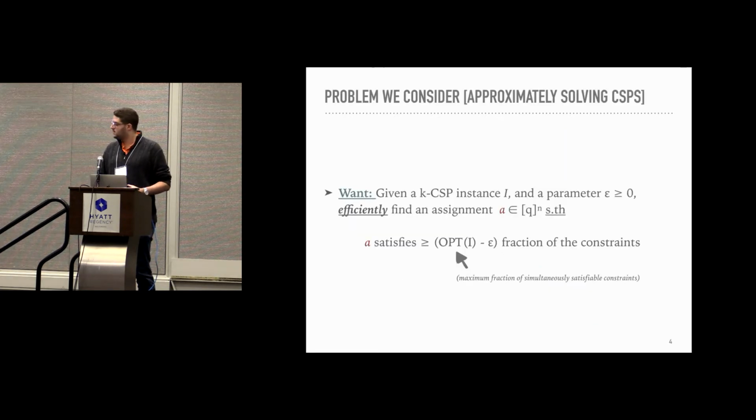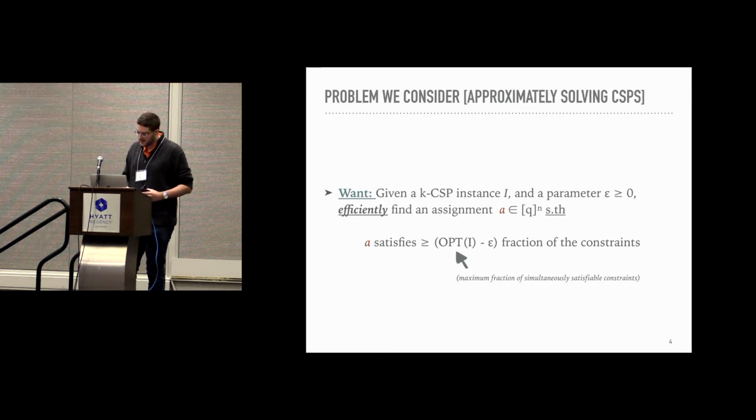So what is the problem we consider? The problem we consider is the problem of approximately solving CSPs. I'm given a k-CSP instance and an accuracy parameter, and I want to efficiently find an assignment to the set of variables such that I satisfy close to the optimal fraction of the constraints that is simultaneously satisfiable.